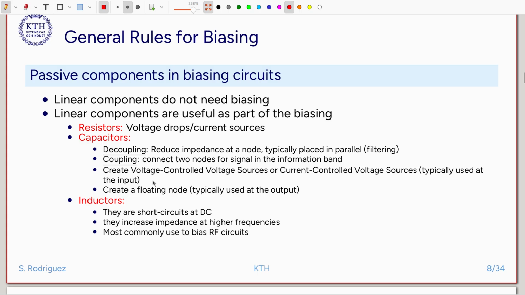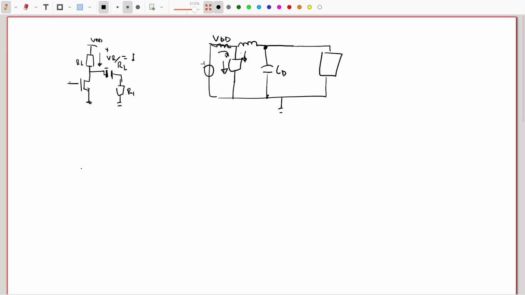Inductors, they are short circuits at DC, so at very low frequencies they are not very useful. They increase the impedance at high frequencies, and then it gives the opportunity to bias circuits at high frequencies. An example of that, we can take a look at a common source amplifier at very high frequency.